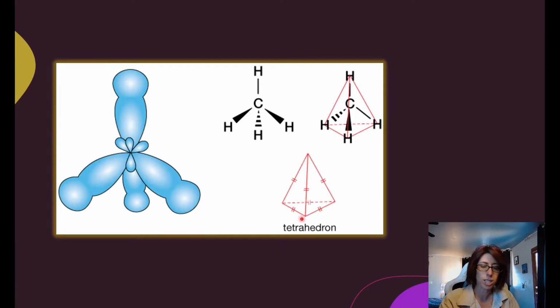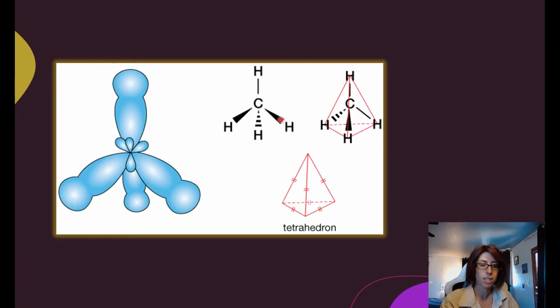And then here on the right, you see this tetrahedron, which more accurately helps you understand the 3-dimensional shape of carbon-based molecules like methane. And so sometimes these bonds will be drawn like you see here.